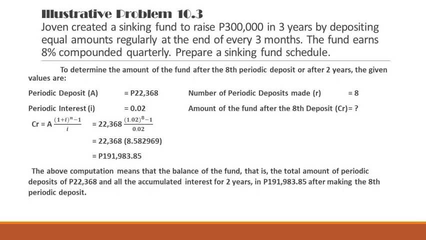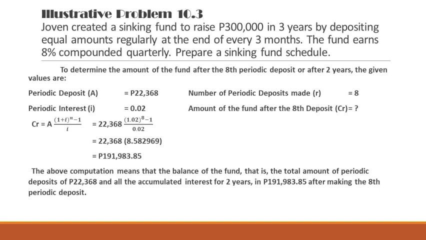Illustrative problem 10.3. Joven created a sinking fund to raise 300,000 in 3 years by depositing equal amounts regularly at the end of every 3 months. The fund earns 8% compounded quarterly.